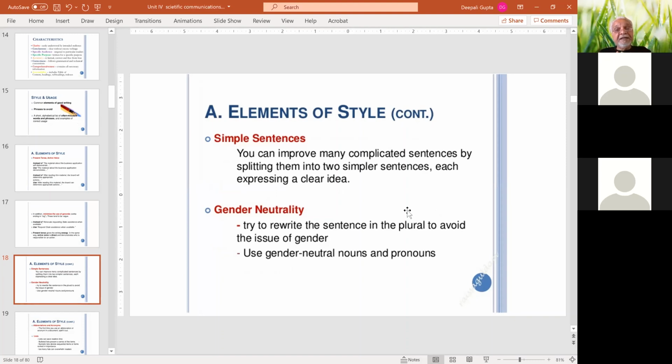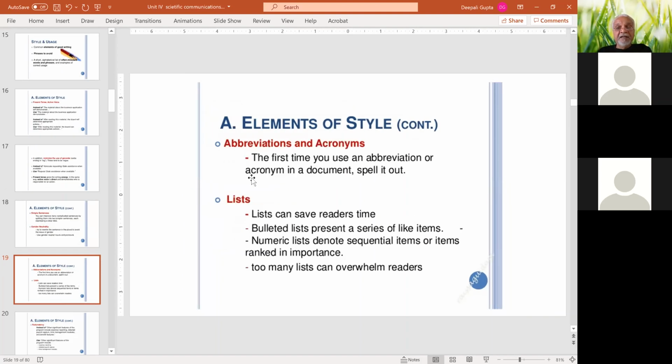And then gender neutrality should be there; use plurals rather than singular nouns and pronouns. And you should give a list of abbreviations, if you are using any.